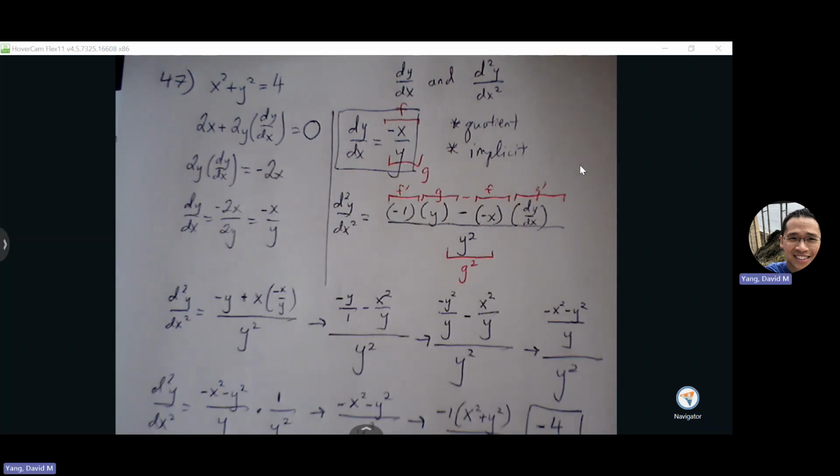At our halfway point, our derivative should be x over y. Let me go through quotient rule again.